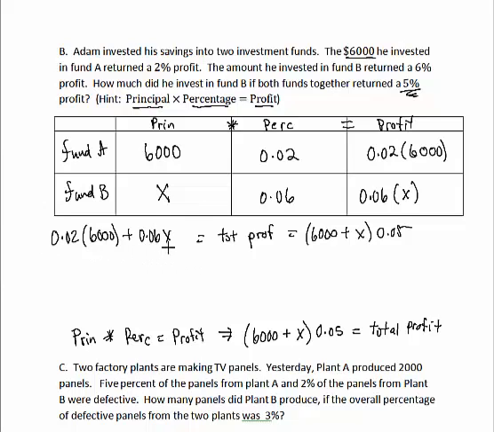So these two expressions have to be equal. We take out the middle. There we are. Okay, 0.02 times 6,000 plus 0.06x equals 6,000 plus x times 0.05.